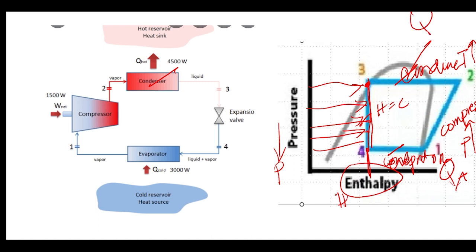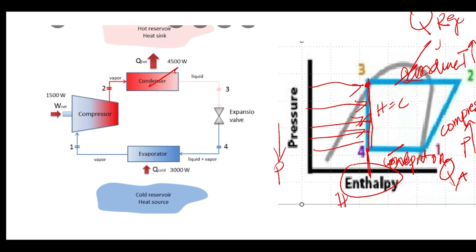That's why Q is heat, subscript R is rejected. So what's happening in the condenser? It rejects heat so that it can produce condensate. When you remove heat, the surroundings or the medium can be cooled, and then it can be transformed to liquid refrigerant again.